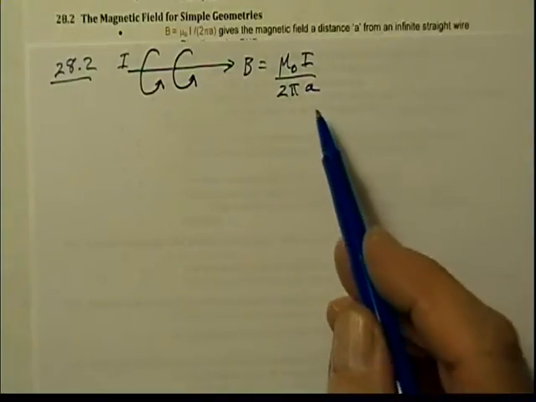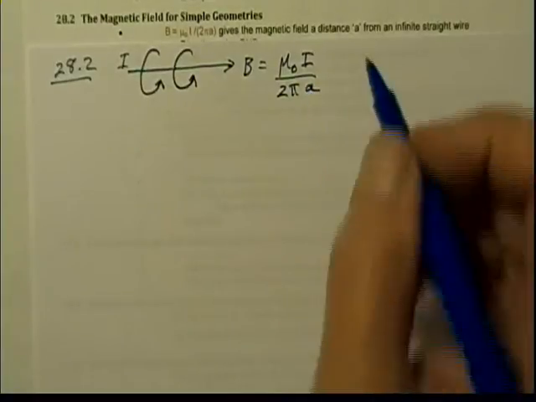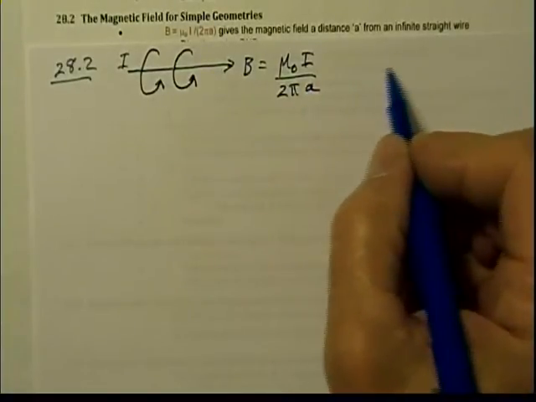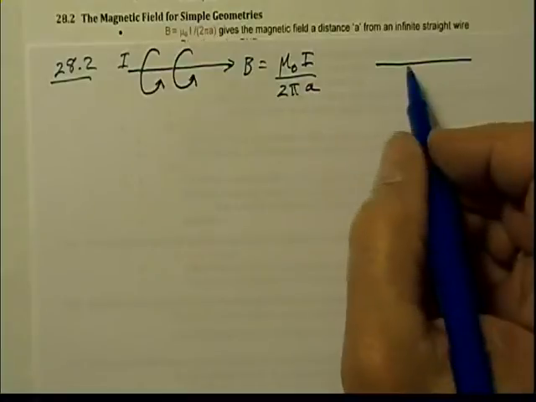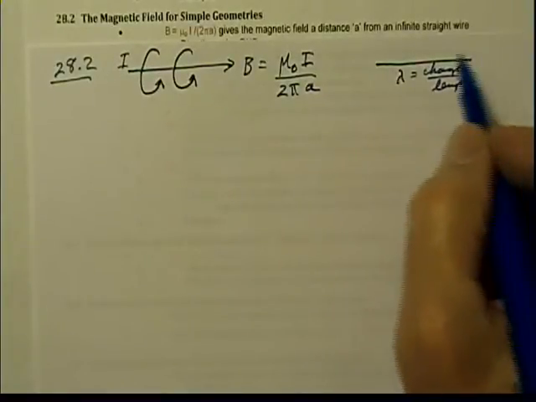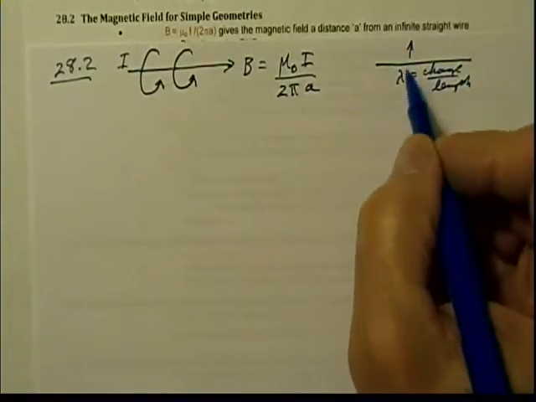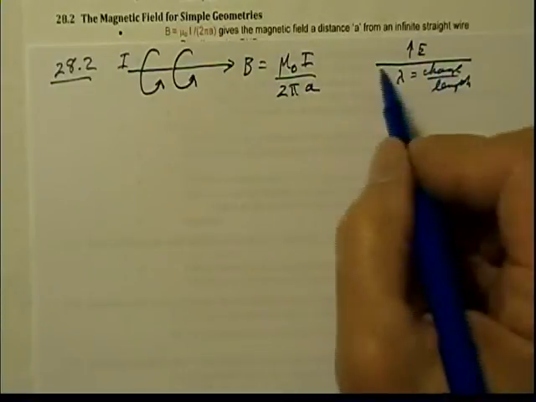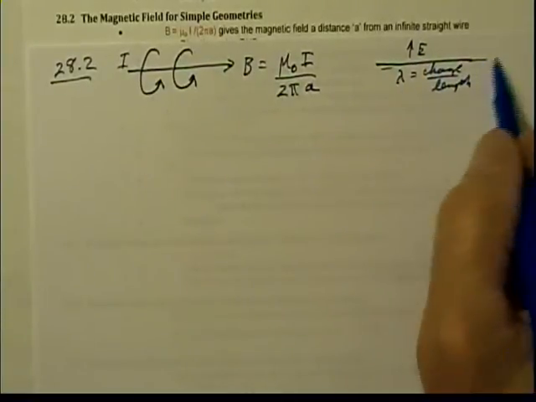Now, you may remember an analogy to this. If I have lambda charge per unit length, we had an equation likewise for the electric field due to an infinitely long straight wire.